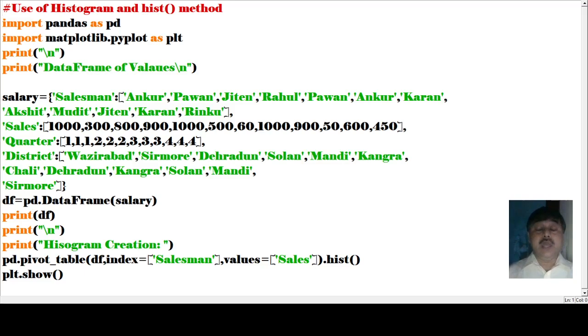Salary is the name of the dictionary. Salary is the name of the structure that we have constructed. Salary is the name of that particular section that we have made, isn't it?